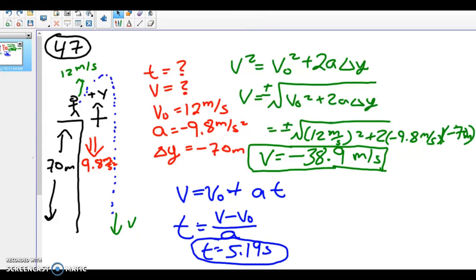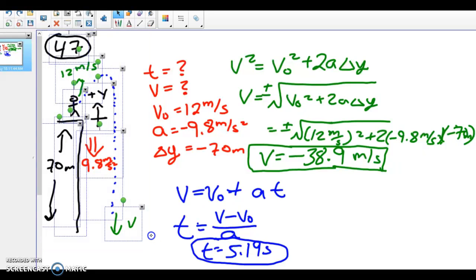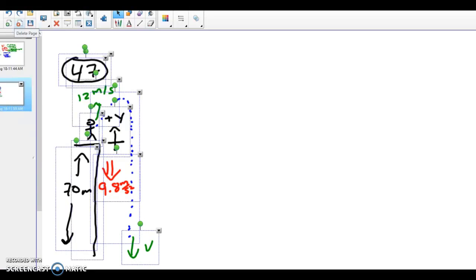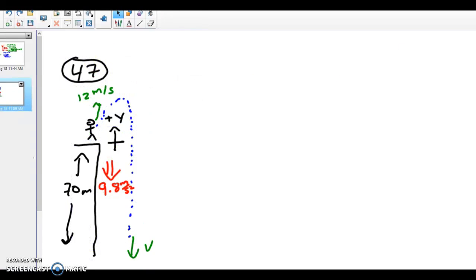If you don't mind, I'm going to clear this, copy this and make a new page, and paste this so that we can do it. All right, so now we want to find the distance. We know that the displacement's negative 70, but we don't know the distance. We do know that from here to here is 70 meters, but we don't know how high up it went.